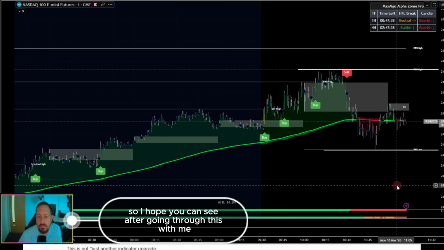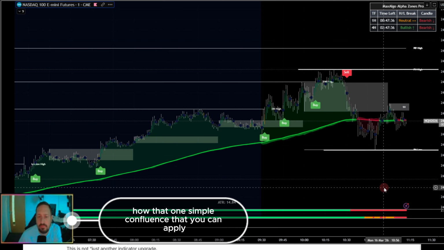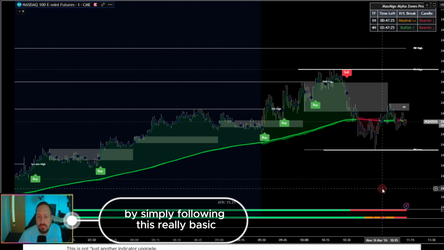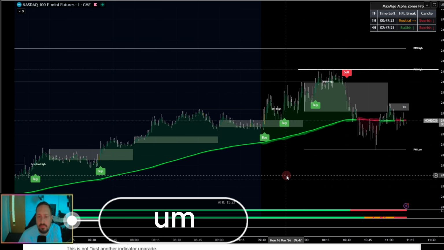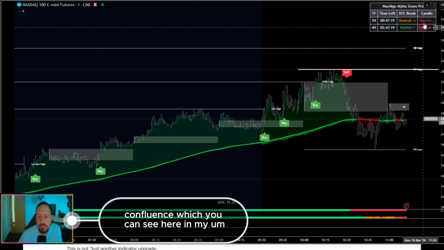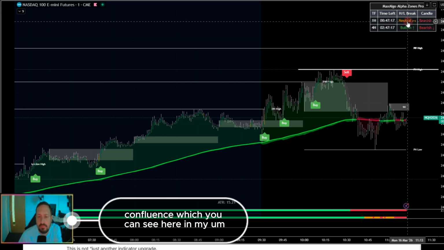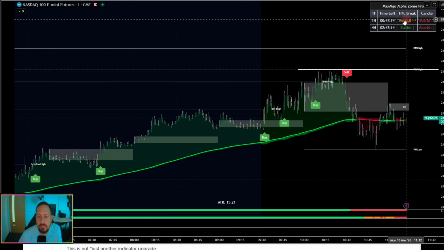So I hope you can see, after going through this with me, how that one simple confluence that you can apply can help you improve your direction. You can be on the right side of the market by simply following this really basic confluence, which you can see here in my table.